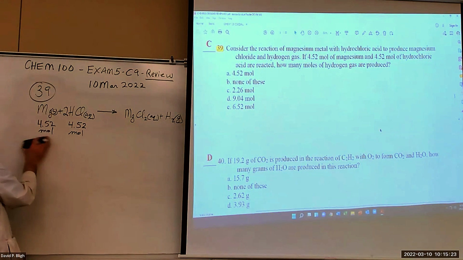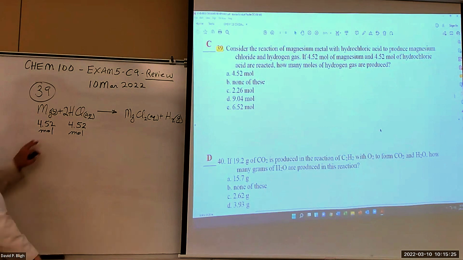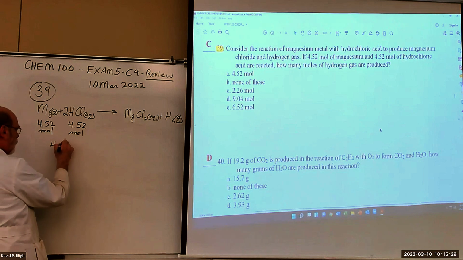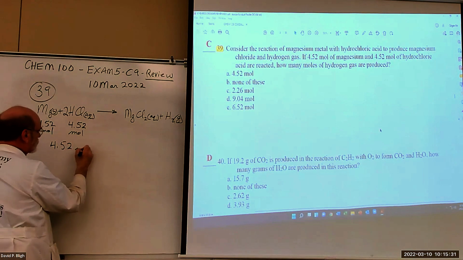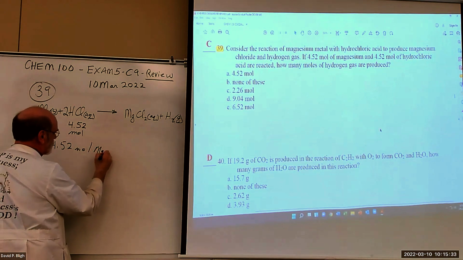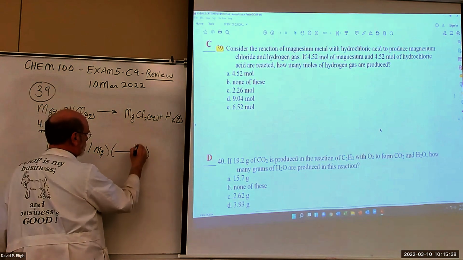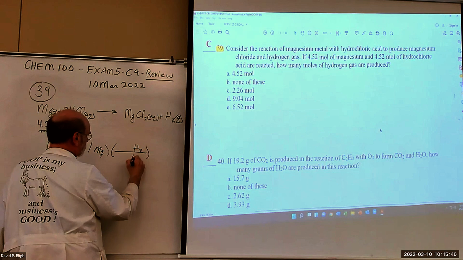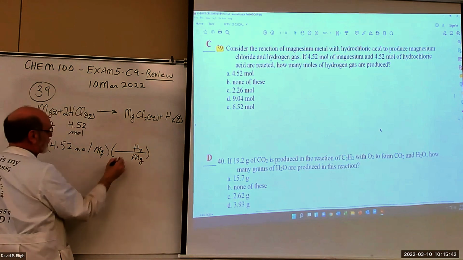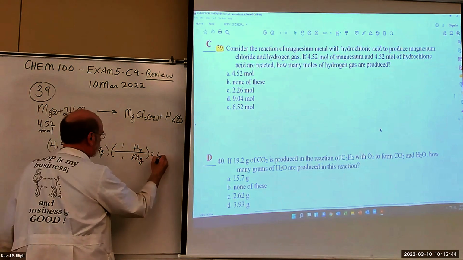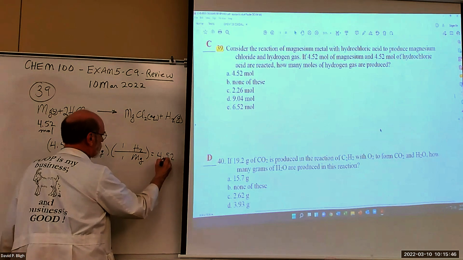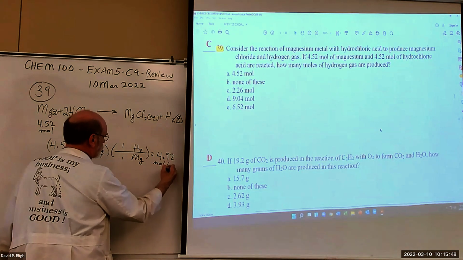I don't need to do that. What am I thinking? It's already moles. 4.52 moles of magnesium would produce how many moles of hydrogen gas? Okay, 1 to 1. 4.52 moles of hydrogen.